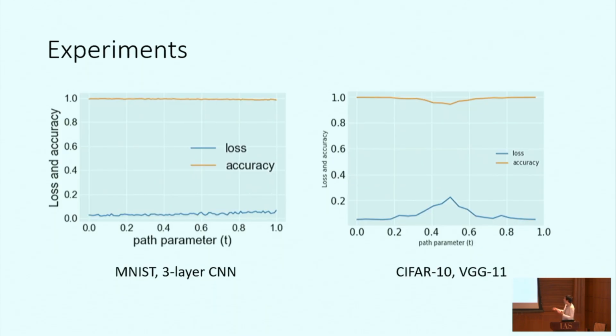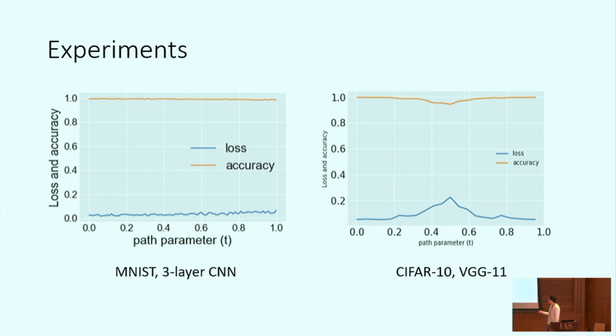So we actually tried to construct these paths for some neural networks that we can actually train. On the left part, we have an experiment on the MNIST dataset where we trained a 3-layer convolutional neural network. Of course, everything I said works for fully connected networks, but it can be easily adapted to convolutional neural networks.